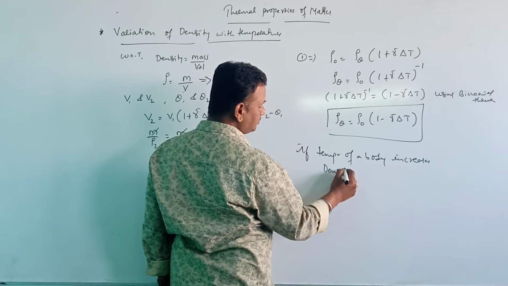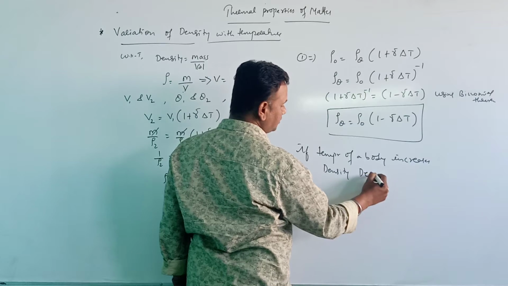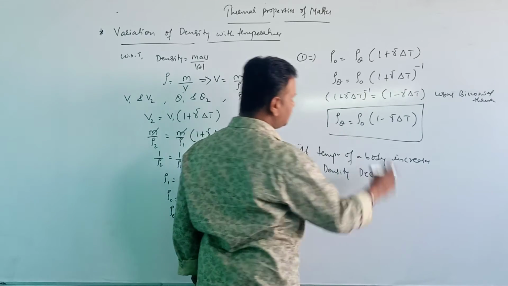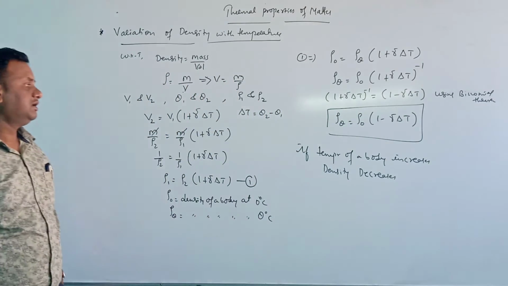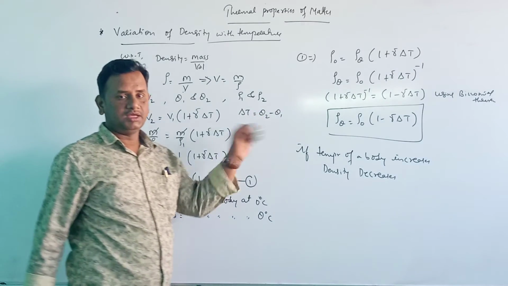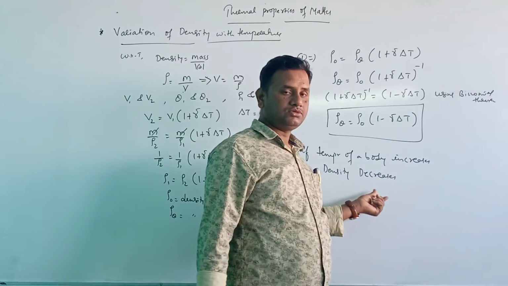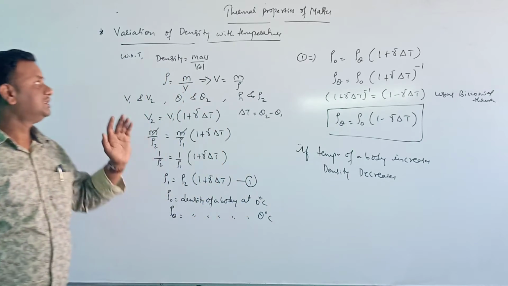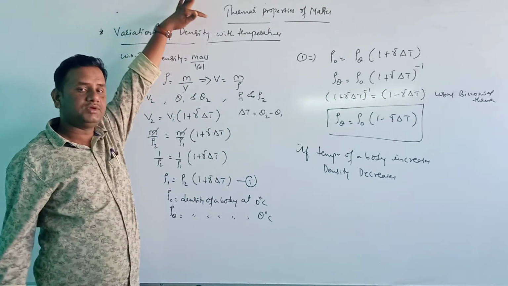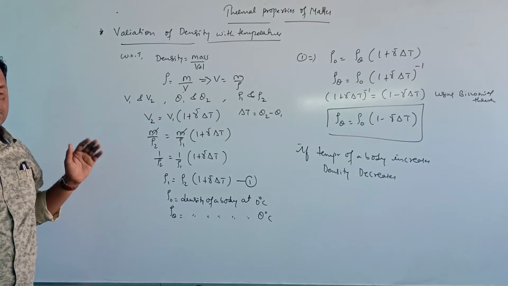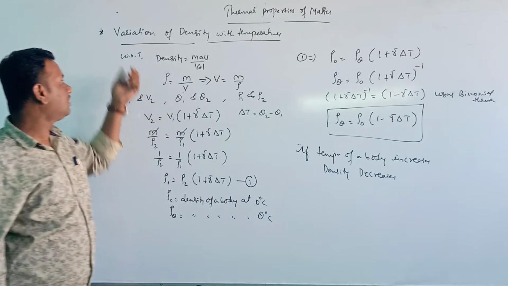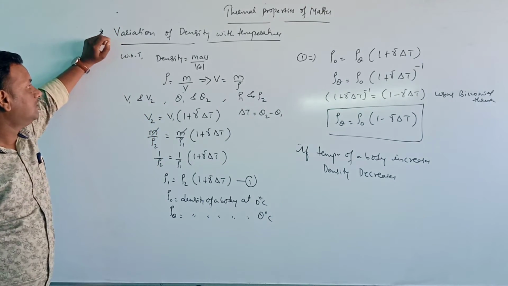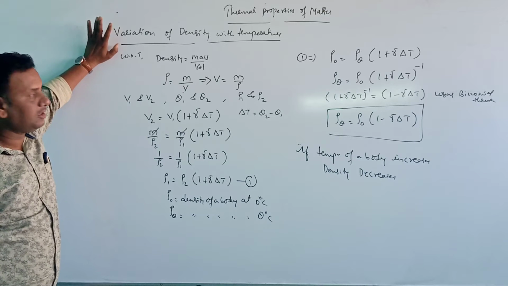If the temperature of a body increases, density decreases. Density and temperature are inversely proportional to each other. So this is how the density varies with the temperature.